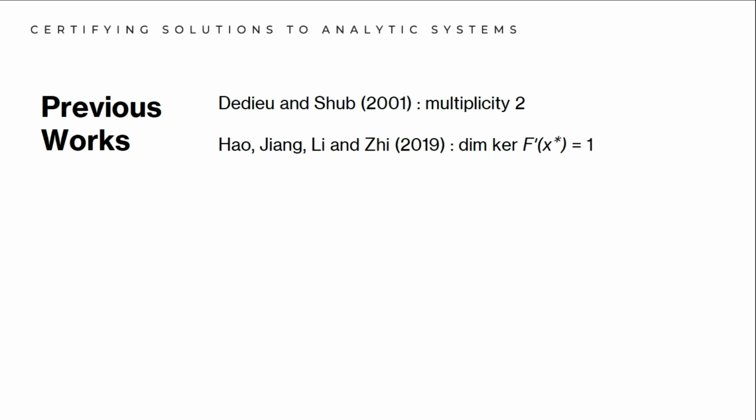But there are some restrictions, right? Can you give a concrete example to help understand? Oh, I see. The Jacobian, which is f prime, has codimension 1. Yes, exactly. Okay, I see.